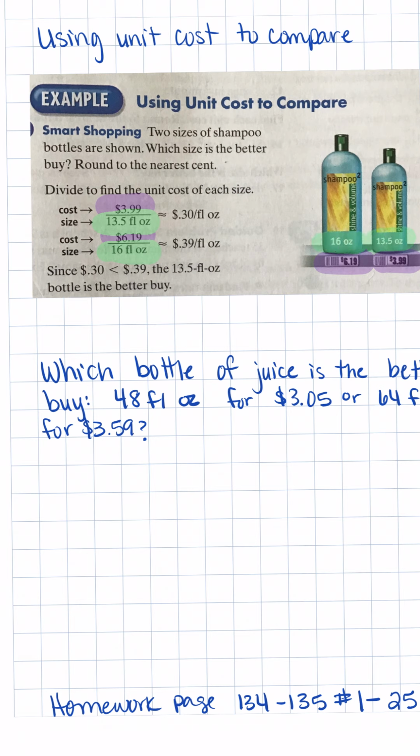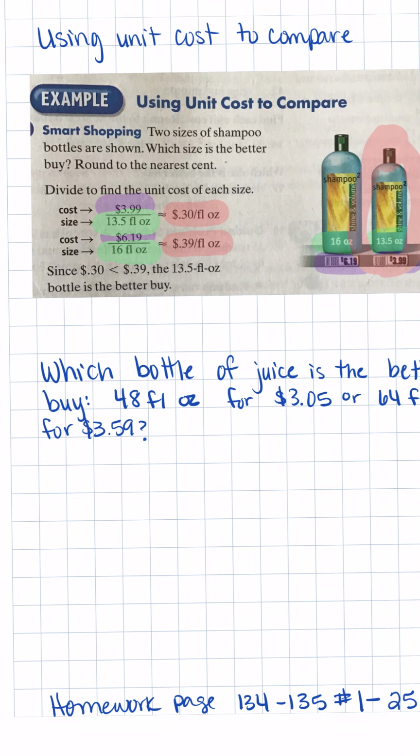When you do that, this bottle is 39 cents per fluid ounce. This one is 30 cents per fluid ounce. So since 30 cents is less than 39 cents, this smaller one is the better bargain.